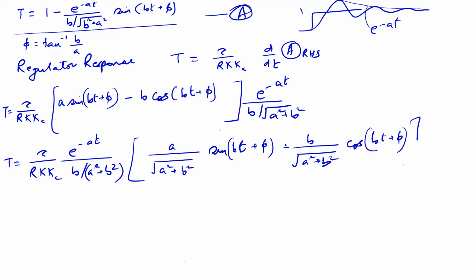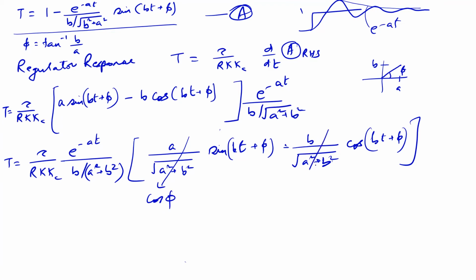And if you look at this, the same triangle, real and imaginary parts, real part a, imaginary part b, then a by square root a square plus b square is actually cos phi, and this would actually be sin phi.